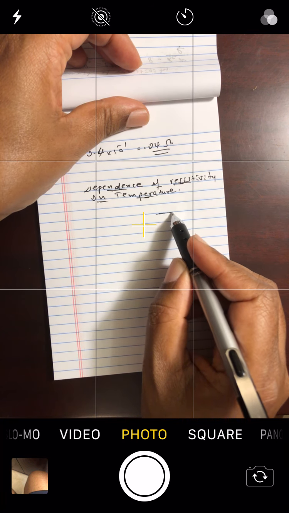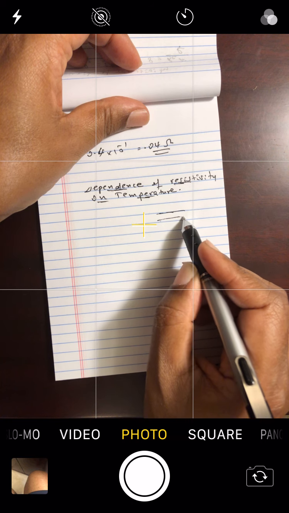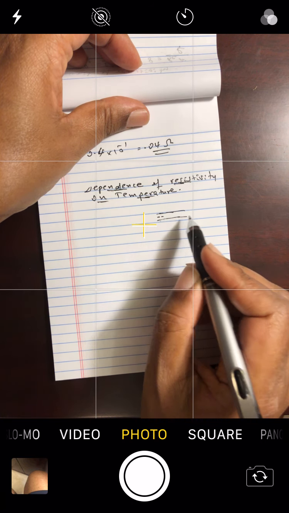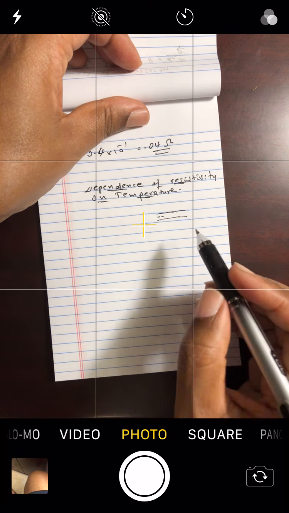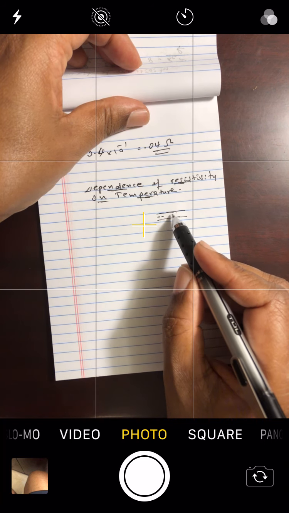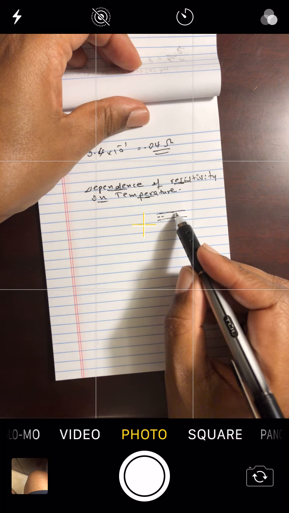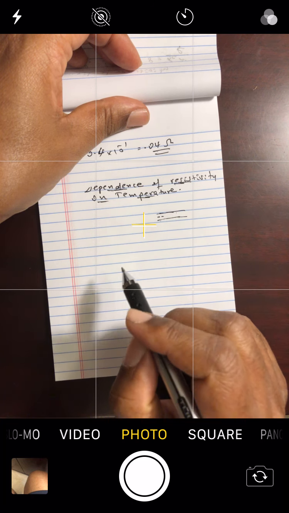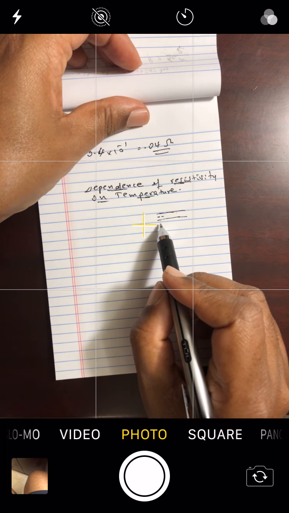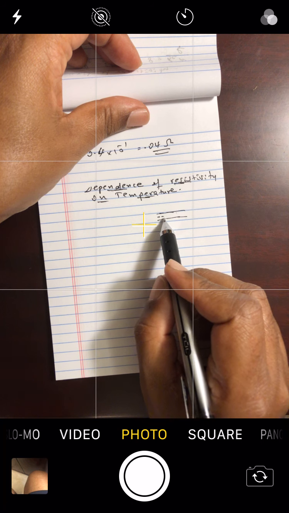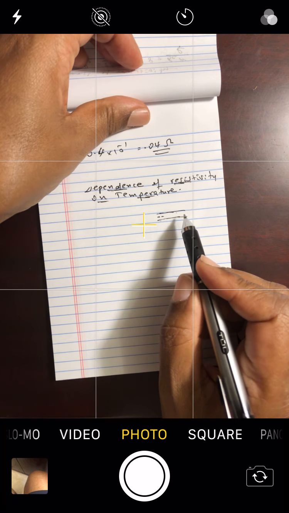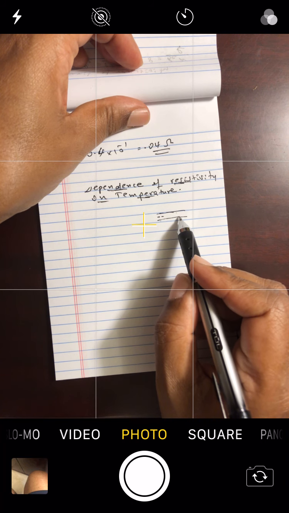Let's say we have a wire over here. As you know, current is the flow of charges. Let's say these charges are crossing the cross-sectional area. Now what happens when temperature increases? The molecules of the material will vibrate more vigorously around their equilibrium position, and so it will be more and more difficult for the free electrons to cross the wire. So we would expect the resistivity of the material to increase with the increase of temperature.